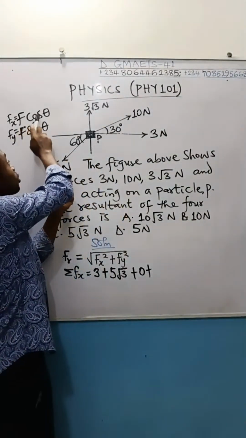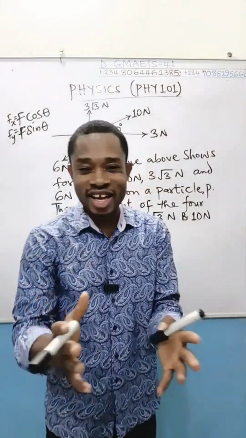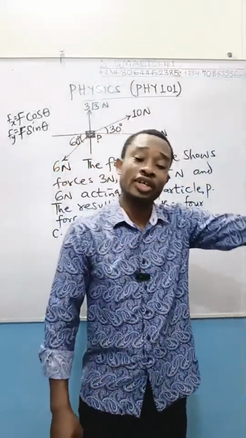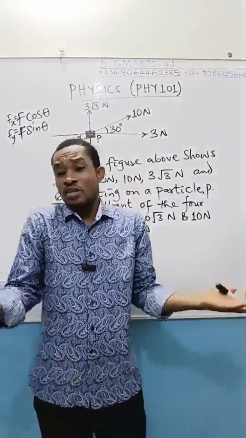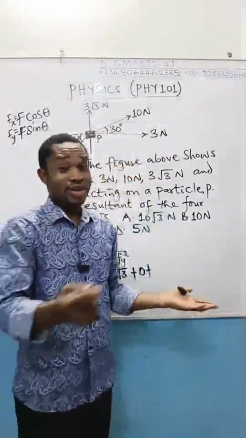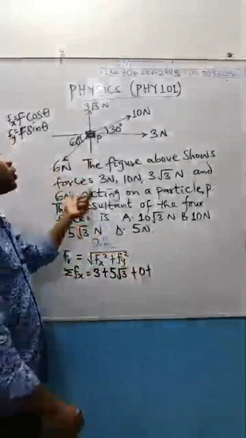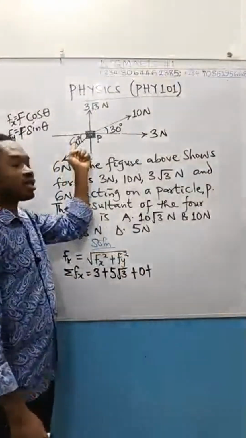6 times cos 240. And do not forget, based on the special angle concept I taught you, 240 is equivalent to which angle in the first quadrant? 240 is equivalent to 60, because it's going to be 240 minus 180. Remember that? So simply put, you could just evaluate 6 cos 60.